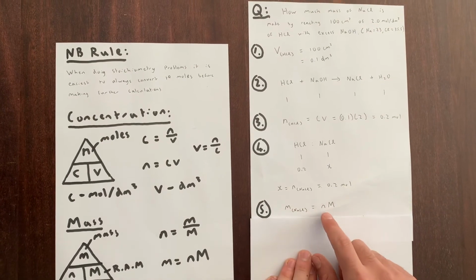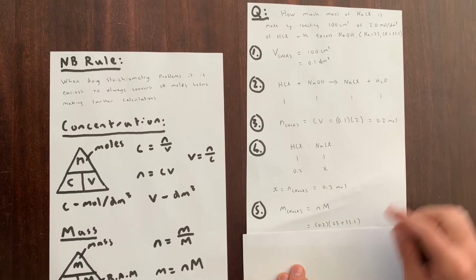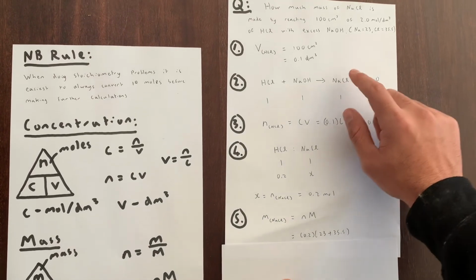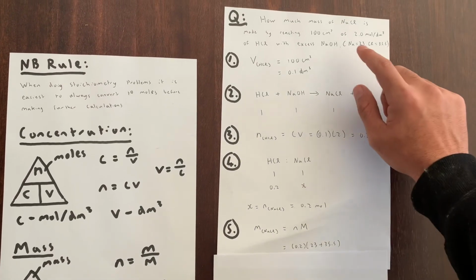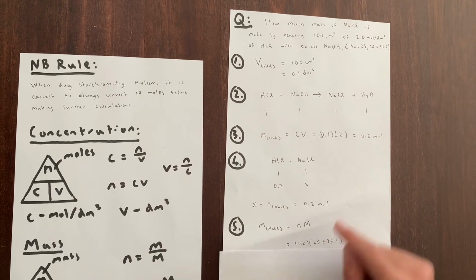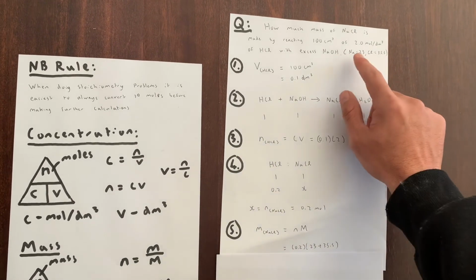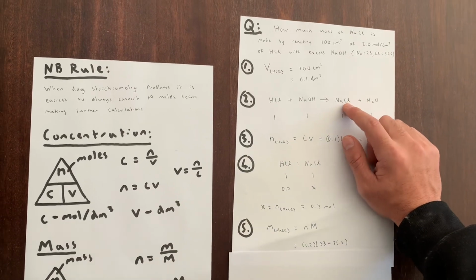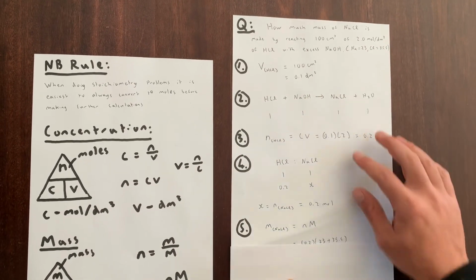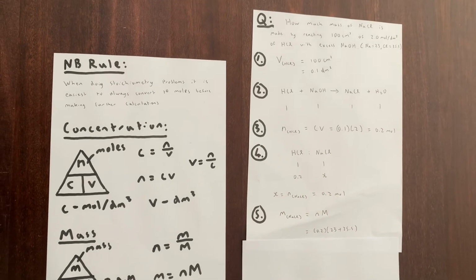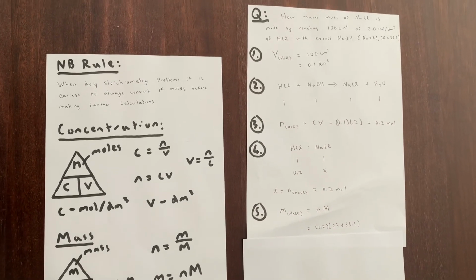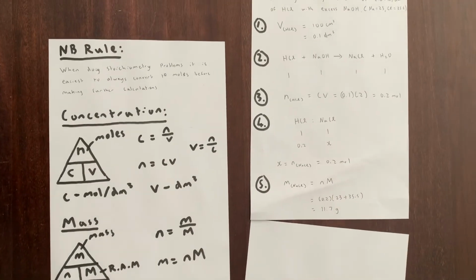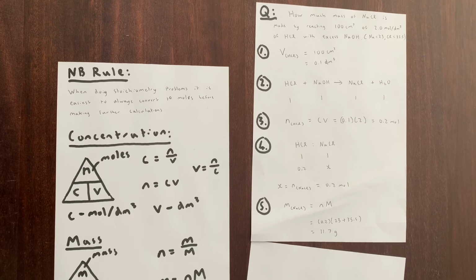So we say 0.2 times, and then we need to see what the relative atomic mass is. There's one Na, so we say 23, because we get that from up there, and we say plus 35.5 because there's only one Cl, which we also get from up there. So it's 0.2 times 23 plus 35.5, which is 58.5. So 0.2 times 58.5 gives us 11.7 grams, and that is the end of the question.